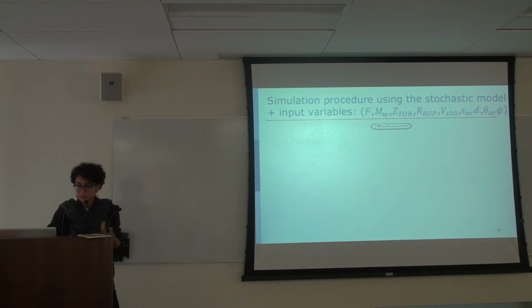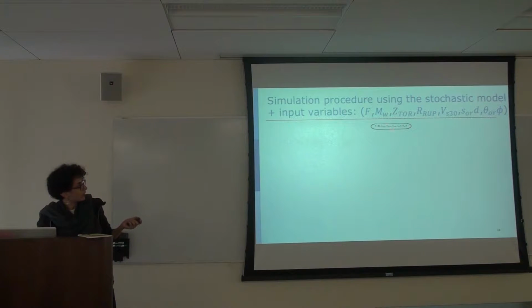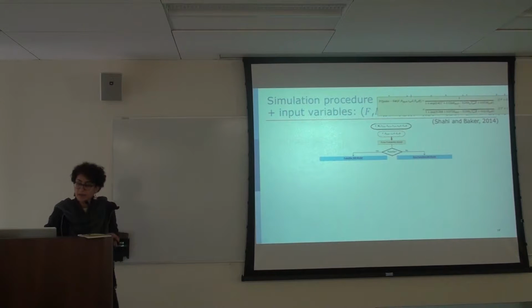And for the simulation procedure, this is the input required. With this input, the first step is to determine whether the ground motion that is going to be simulated will be pulse-like or non-pulse-like. And this is done using the pulse probability model developed by Shahi and Baker.